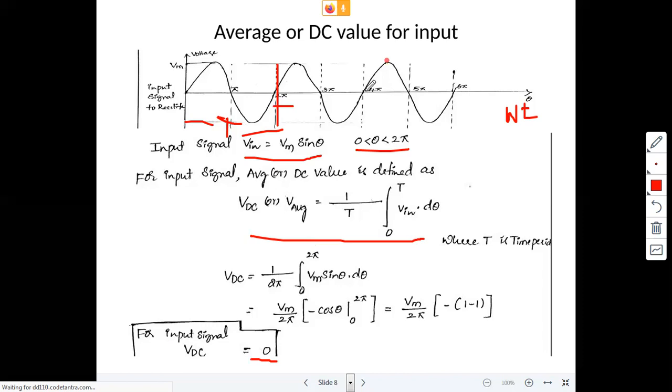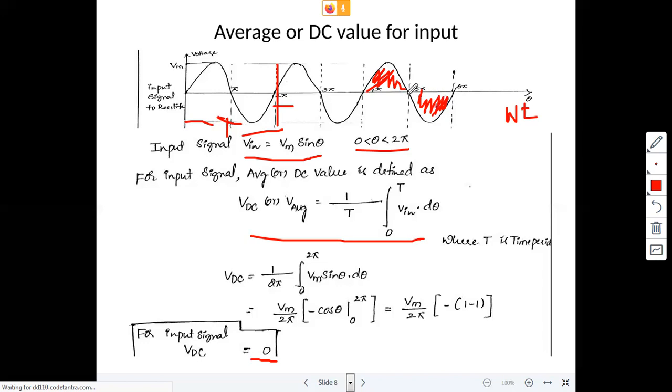Observe here, this is the x-axis. The area above the zero axis is equal to the area below the zero axis. If both areas are the same, then we can say that the average or DC value is equal to 0.